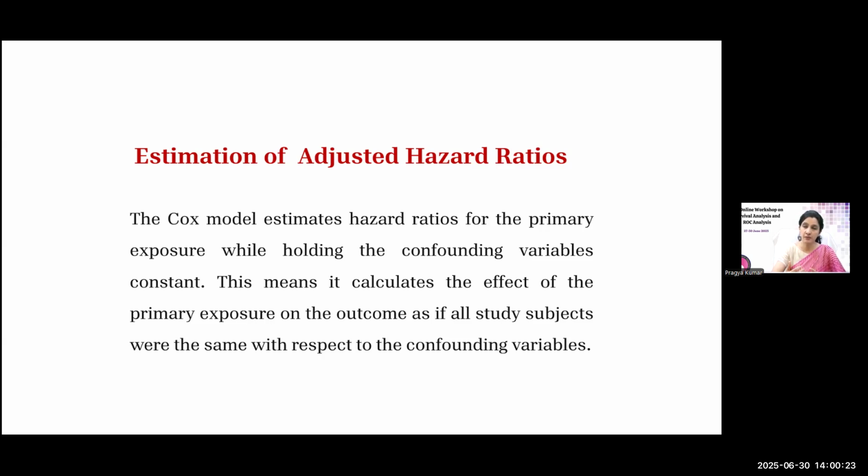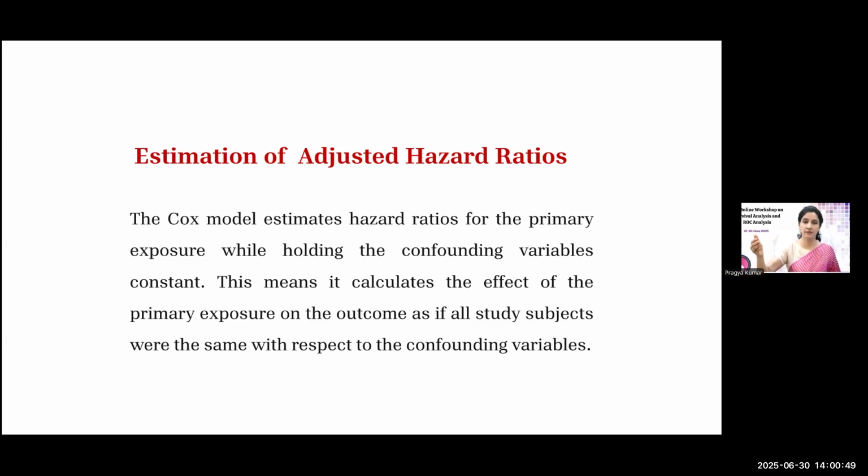So the hazard ratio which you get from this model, when there are multiple covariates, the Cox model estimates the hazard ratio for the primary exposure while holding the other confounding variables constant. That means it calculates the effect of that particular exposure variable as if all the study subjects were the same with respect to the other confounding variables.